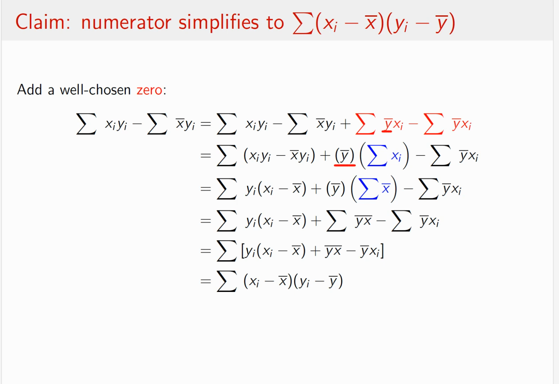And then this is just equal to x bar, right? So this is y bar, x bar. All right. And then putting all the summations together, and I end up here.